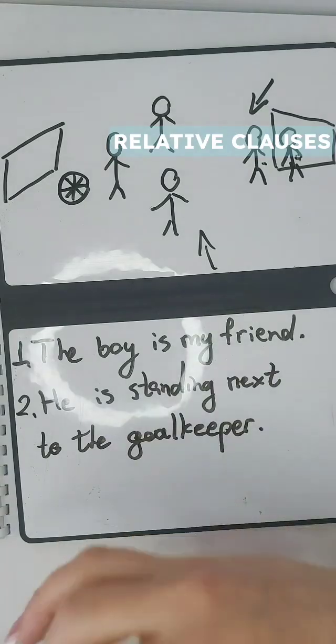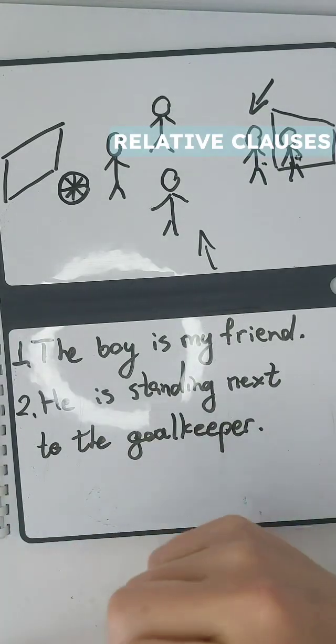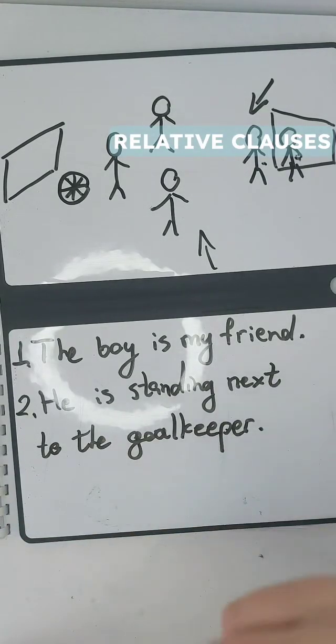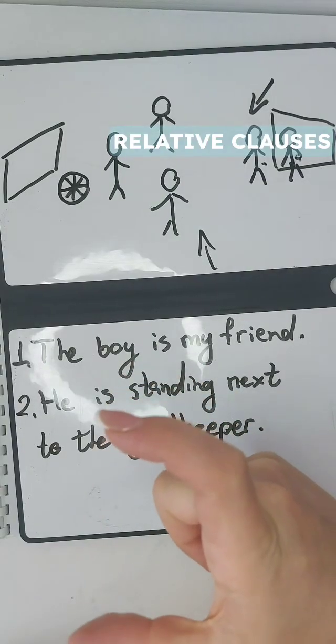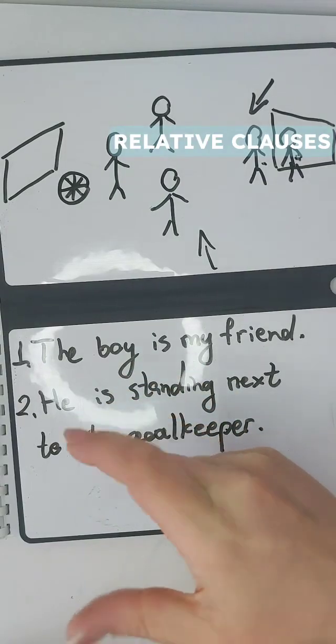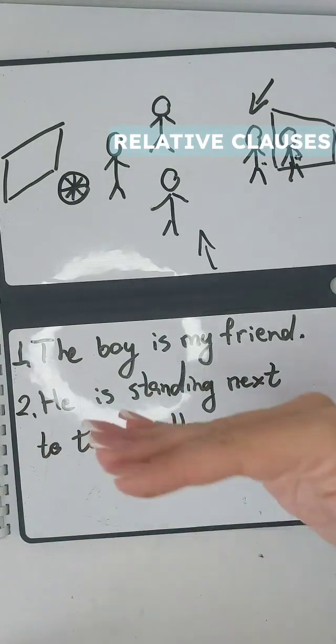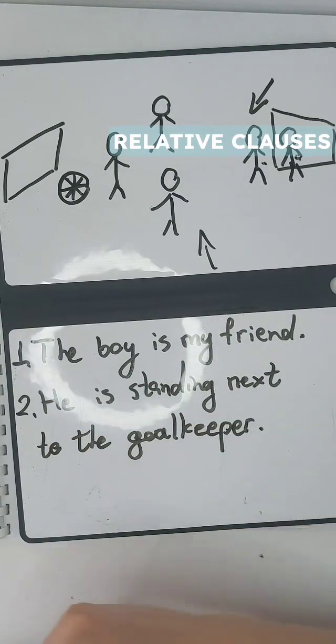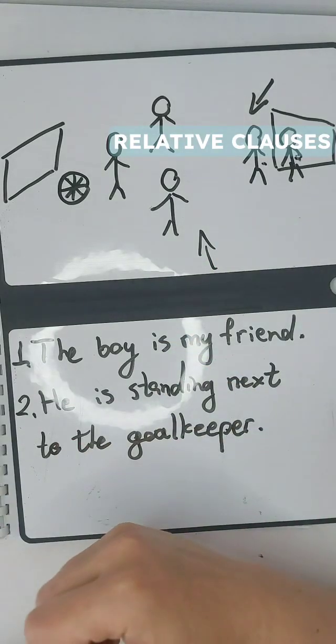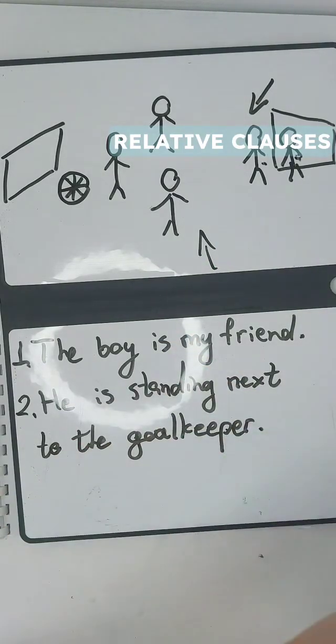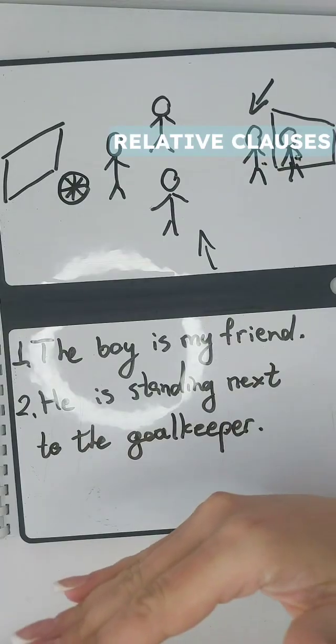However, relative clauses help us make our sentences longer. They help us sound more natural and fluent, right? That's our goal, to sound more natural, fluent.